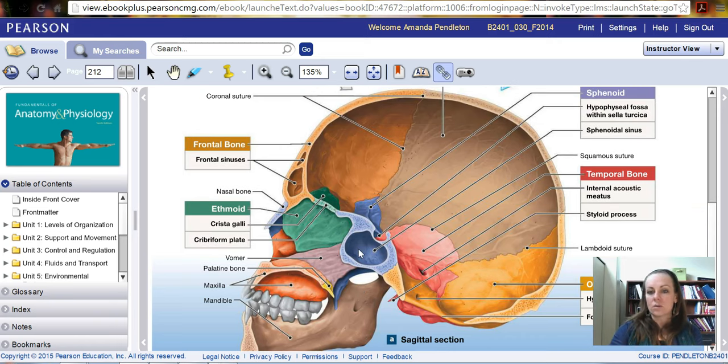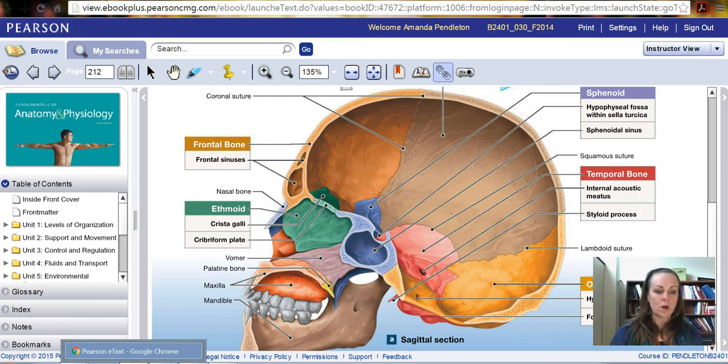And the cranium is going to be anything that is touching the brain, and the face is everything else. So if it's considered cranium, then it's not face. Okay, so what I do is I first look at, okay, what any bone here that would be part of making up this cranial cavity.